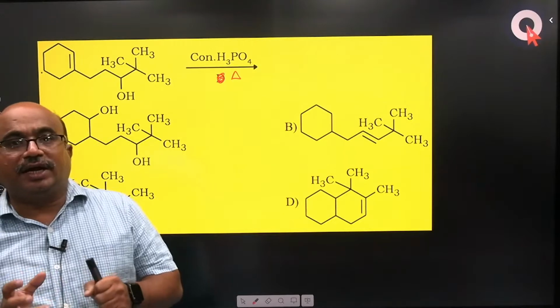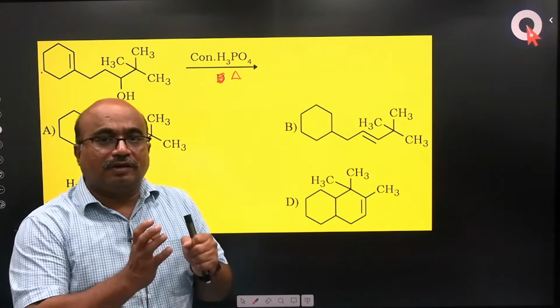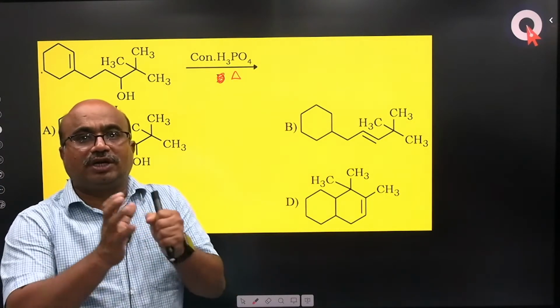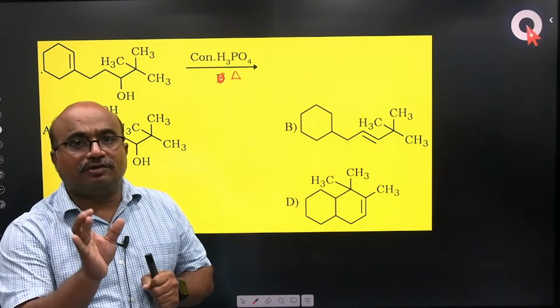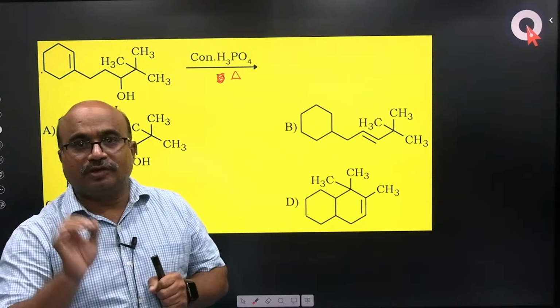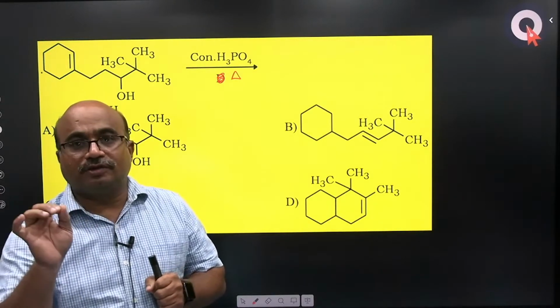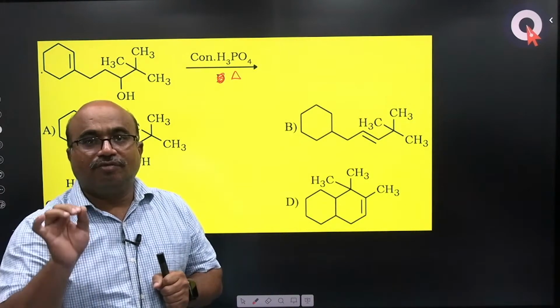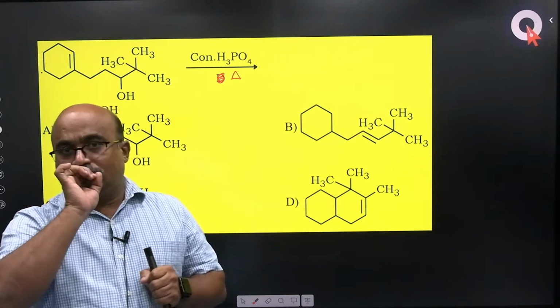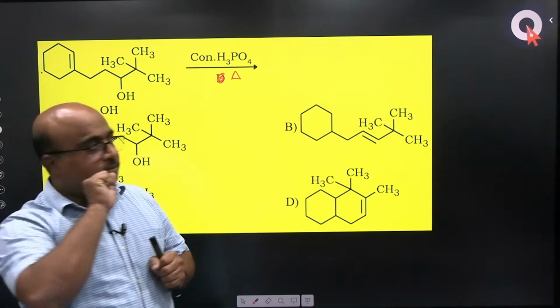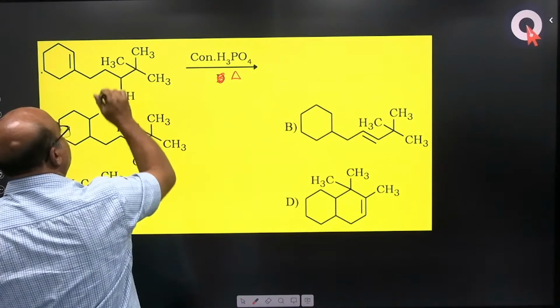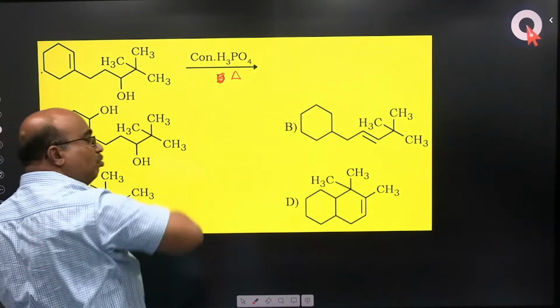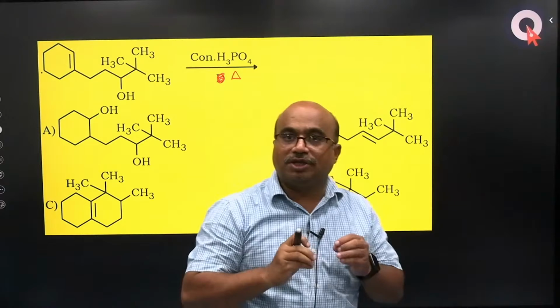Generally they are dehydrated only through concentrated H2SO4 or concentrated H3PO4, where the conjugate bases, that is HSO4 minus or H2PO4 minus, are weak nucleophiles, so they cannot easily substitute when the OH group becomes a good leaving group because of the protonation process.